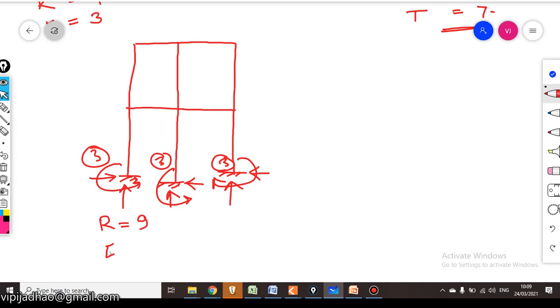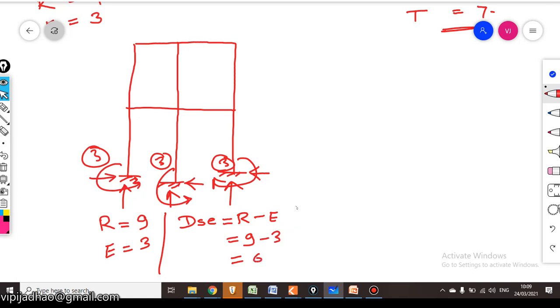Equations of equilibrium available are 3 only, and we know degree of static external indeterminacy DSE is equal to R minus E, so this will become 9 minus 3, so it will be equal to 6.